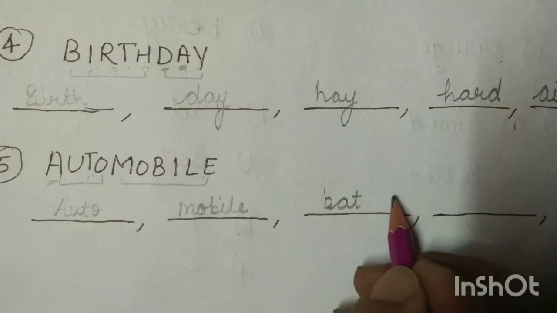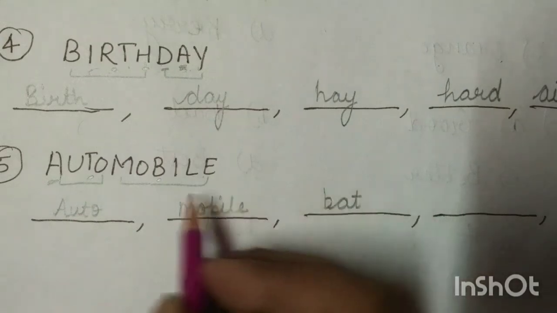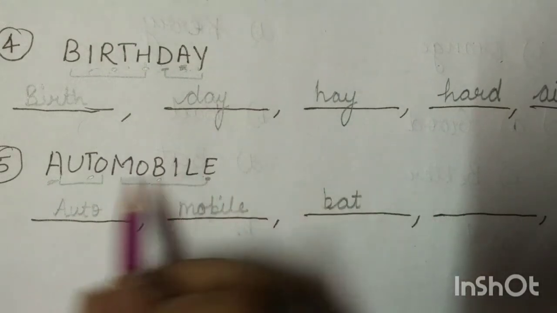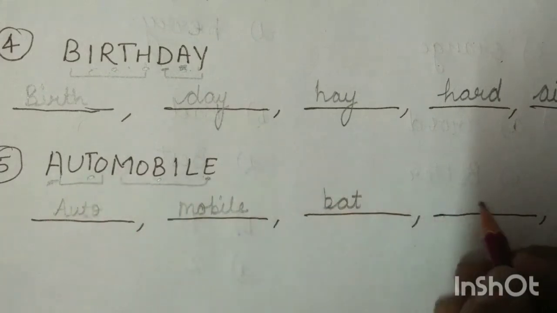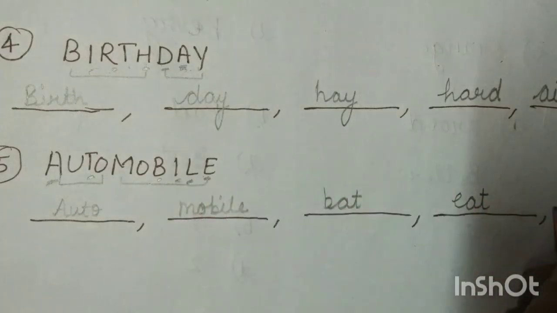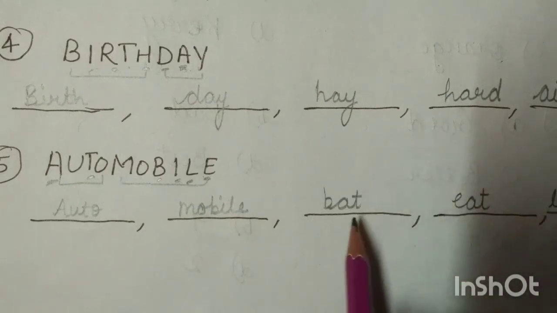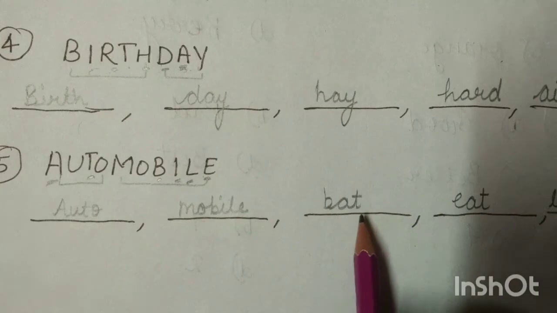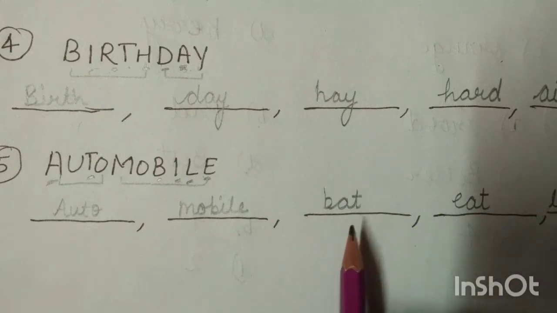Yes, this is also a word. Then E-A-T, eat. And L-I-E, lie. Lie means jhoot bolna. So I hope you have liked this question. I have given this type of question in your homework also. Let's discuss homework now.